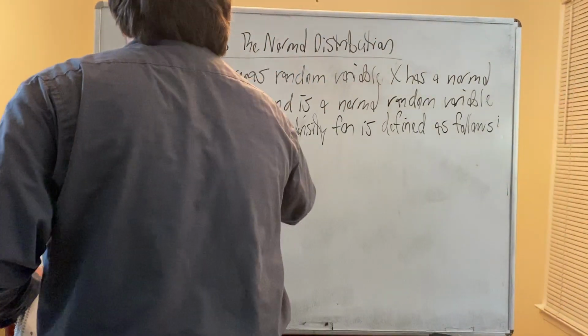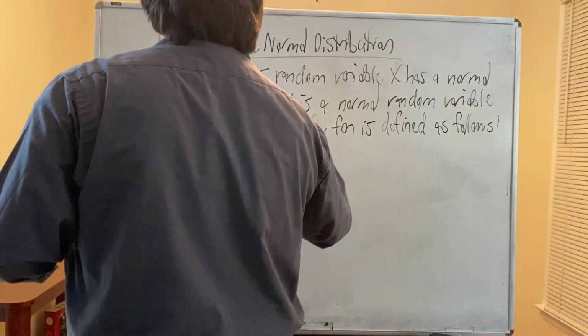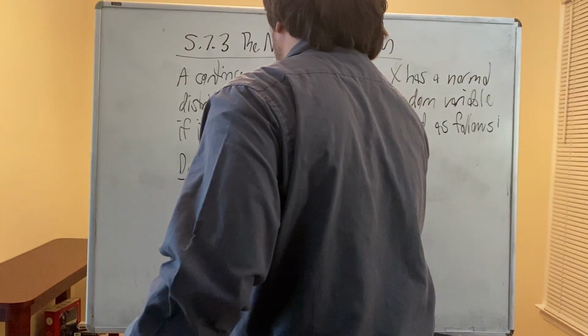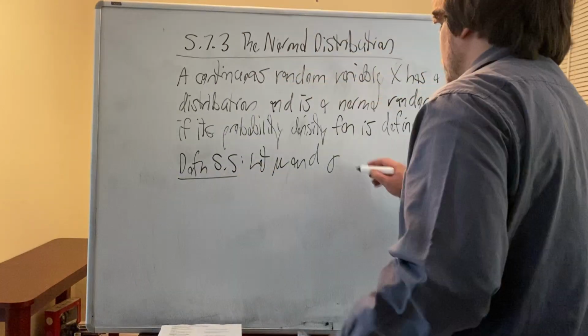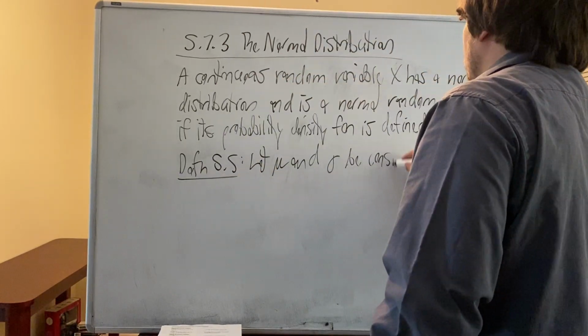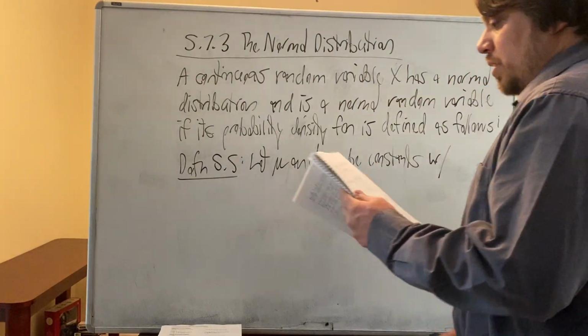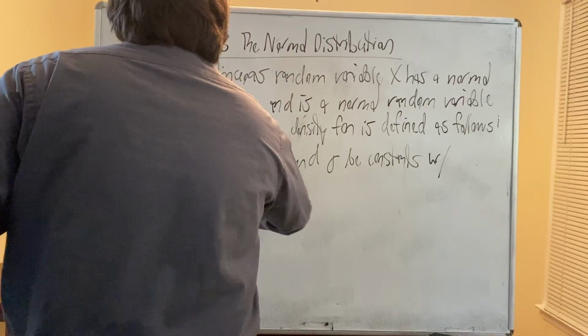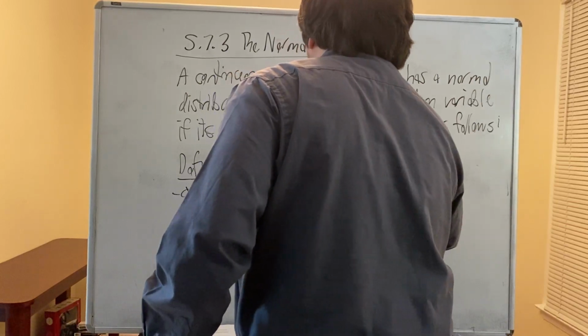Definition 5.5. Let mu and sigma be constants with negative infinity less than mu less than infinity and sigma positive.